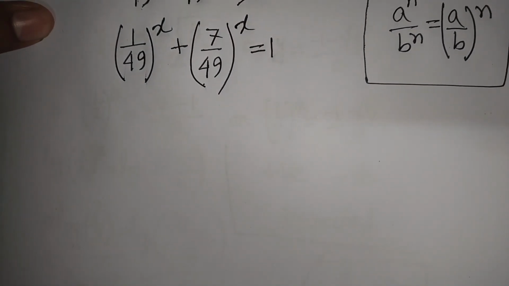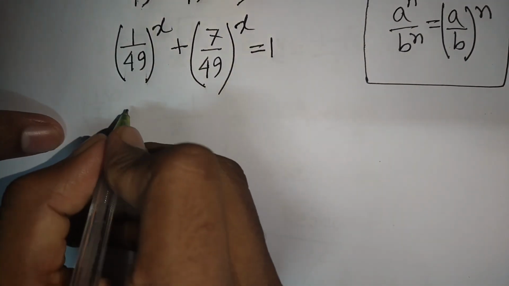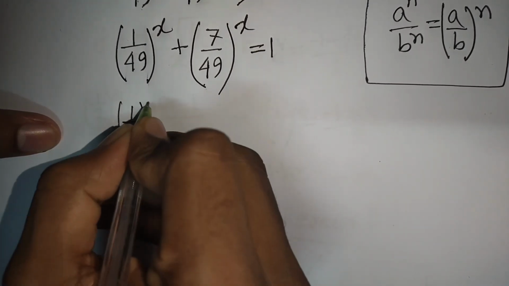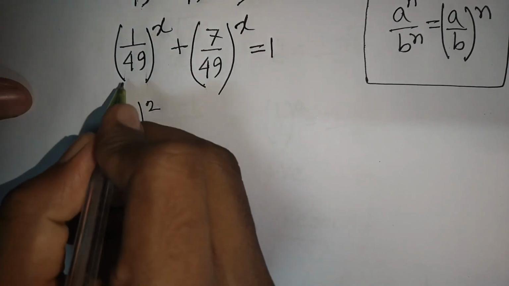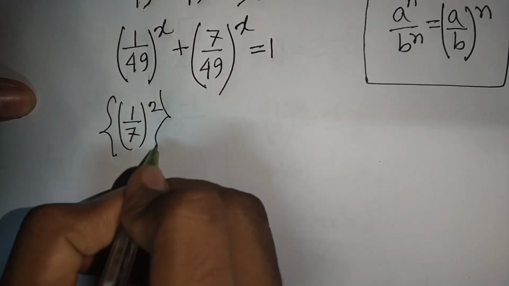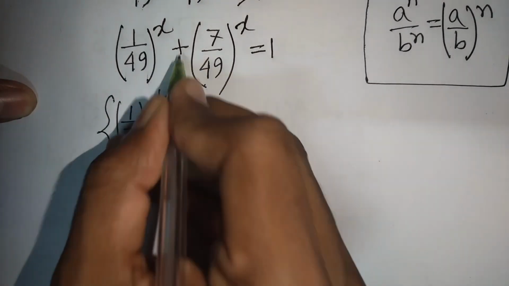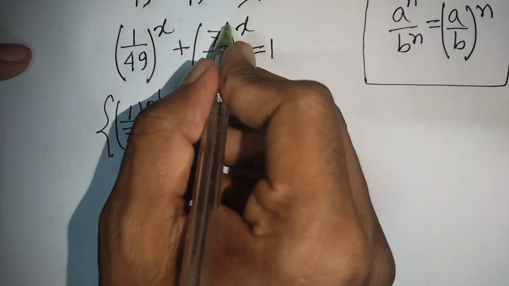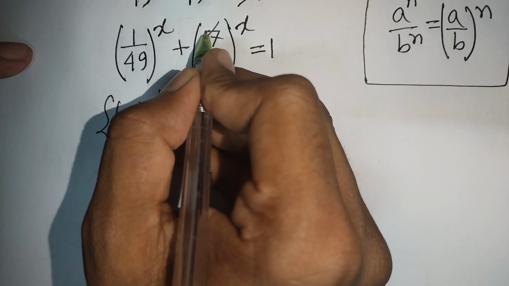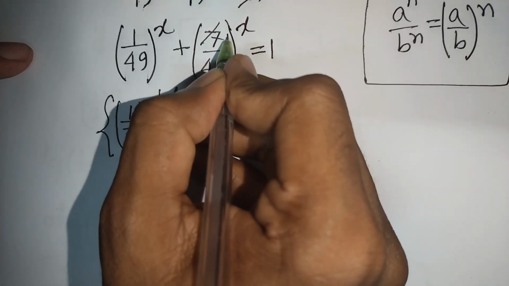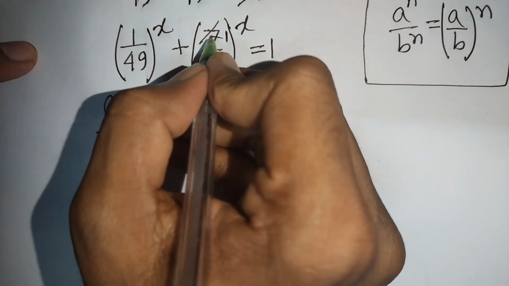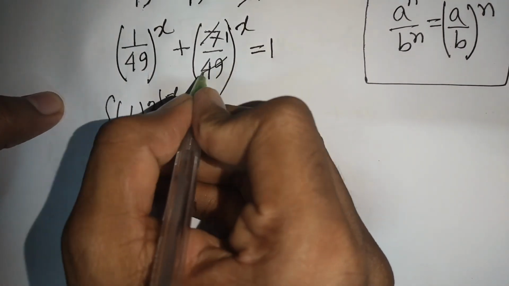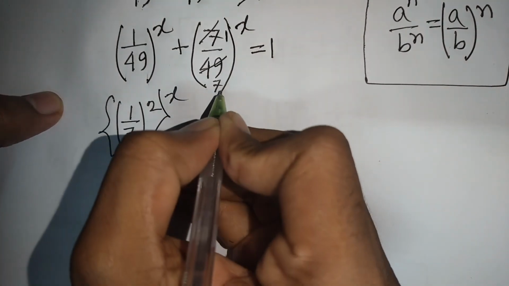Now 1 by 49 can be written as 1 by 7 bracket power of 2. Then this first bracket can be written as second bracket, then power of x plus 7 divided by 7, that means it will be 1. 49 divided by 7, that means it will be 7.